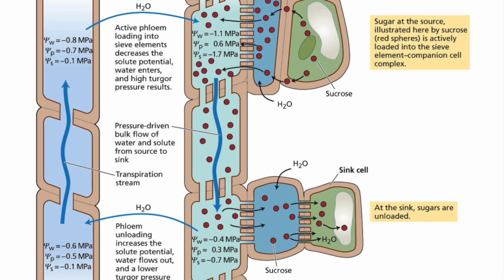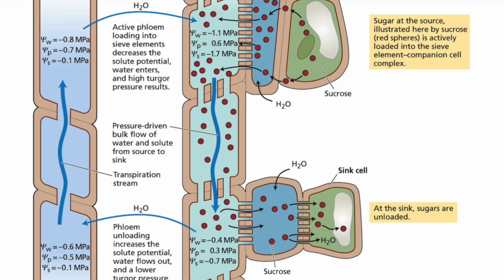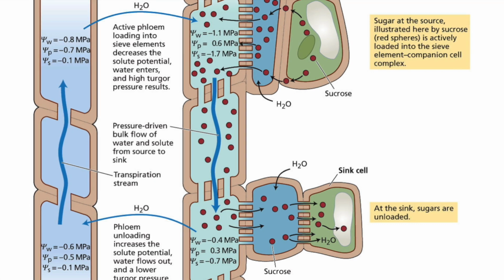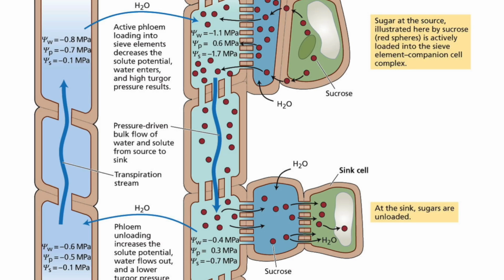This results in sugars being unloaded, and this increases the solute potential inside the phloem so that it now has a sugar concentration much lower than up above, and we only have minus 0.7 megapascals, which causes the pressure in that cell to drop to 0.3 megapascals. So we're going from 0.6 megapascals up above down to a lower pressure below. This is what's driving movement through the phloem, that pressure gradient.